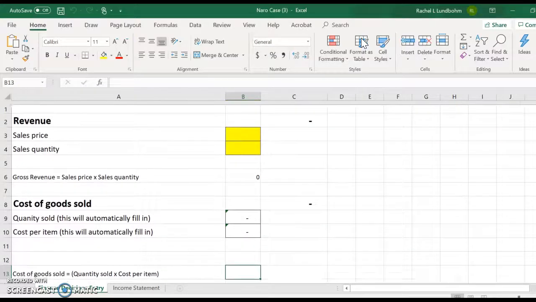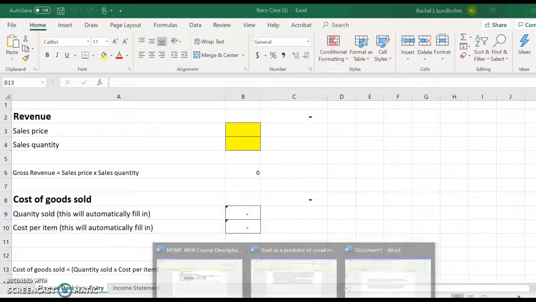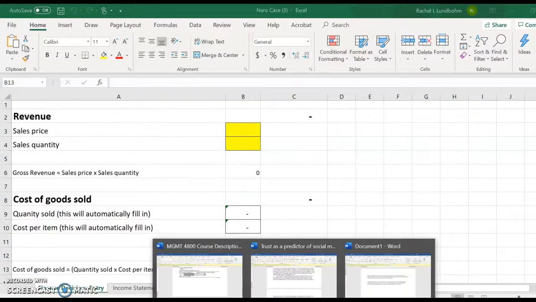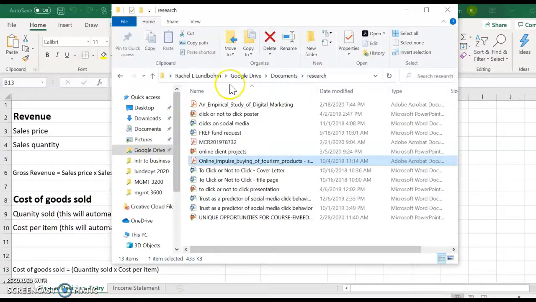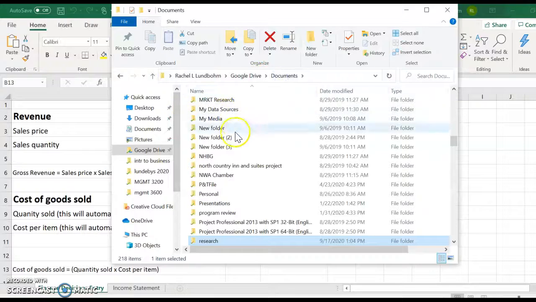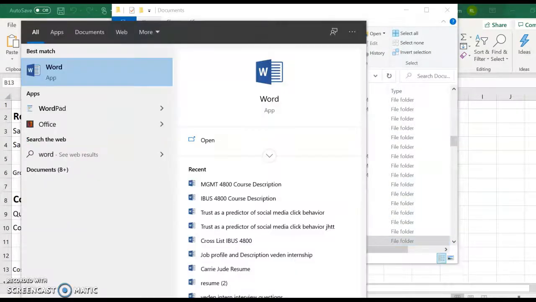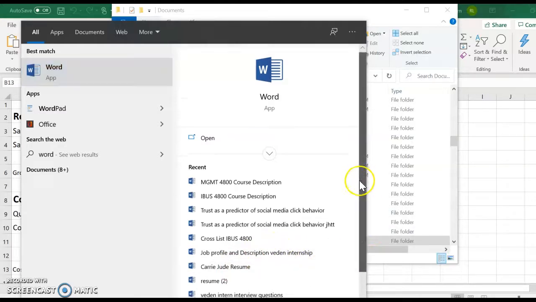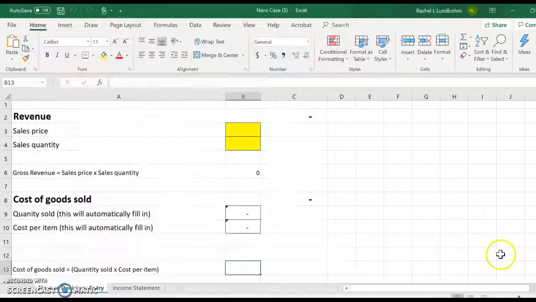So for example, let me open it here. Okay, let's go back.